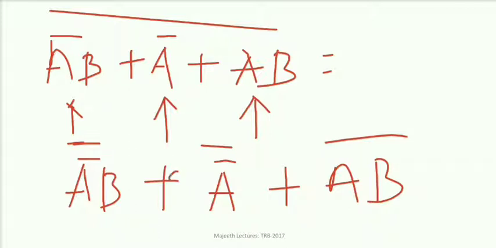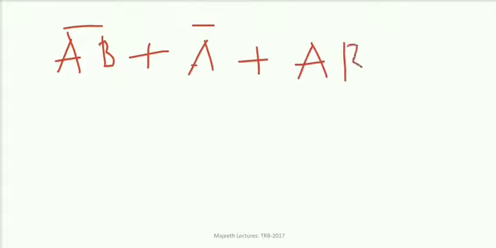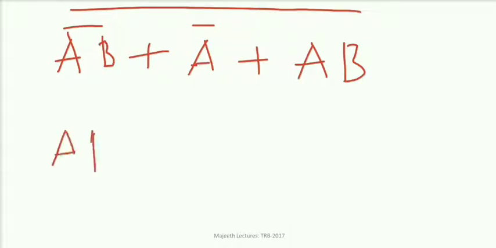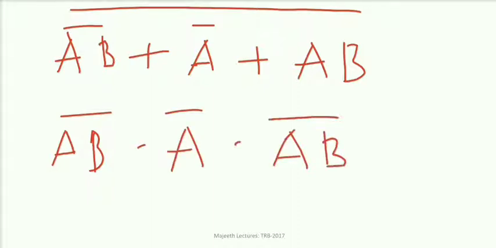Sorry, it is dot. A plus B whole bar is equal to, again I write AB bar plus A bar plus AB. A plus B plus C whole bar is equal to A bar dot B bar dot C bar, right?